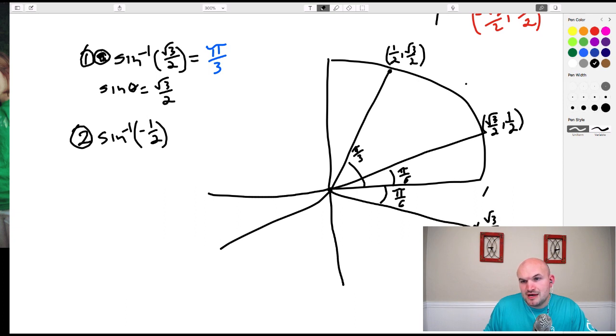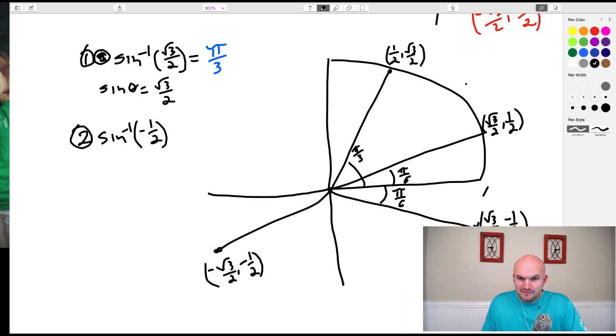So that would be square root of 3 over 2, comma, -1/2. Therefore, the sine, which represents the y-coordinate, is negative. This other point is the same thing, because I'm reflecting over the y-axis and the x-axis. This coordinate point is negative square root of 3 over 2, comma, negative 1/2. So I have two answers where sine is equal to negative 1/2.